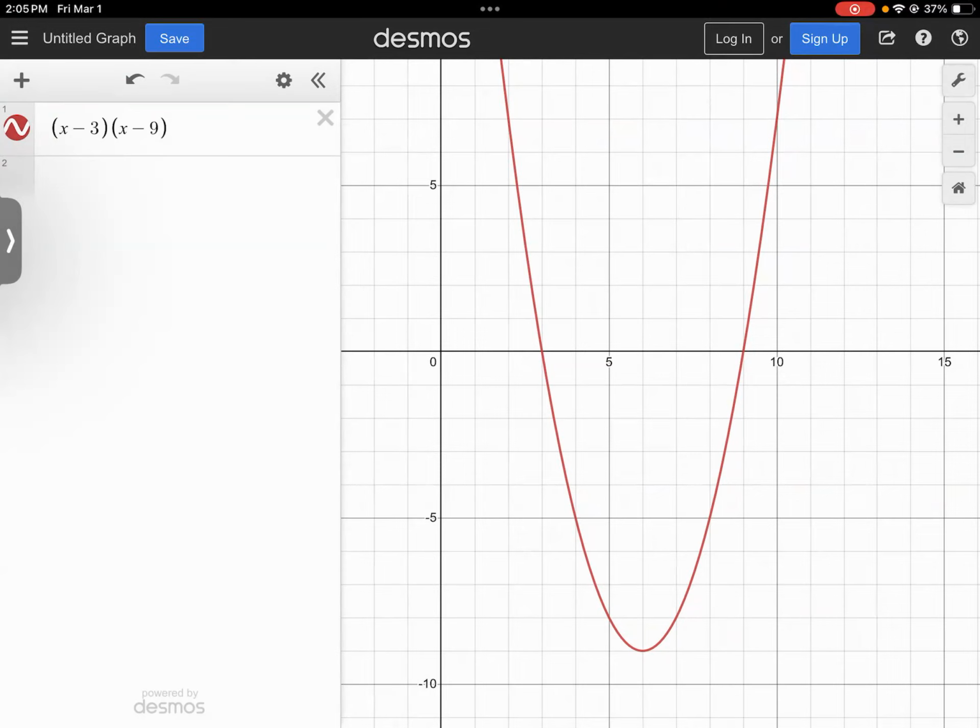Hey, Kari, what number is this? So this is 0, 3. What number is this?